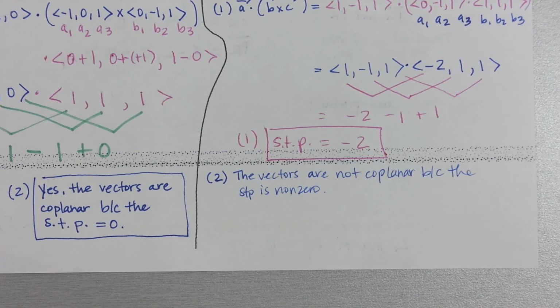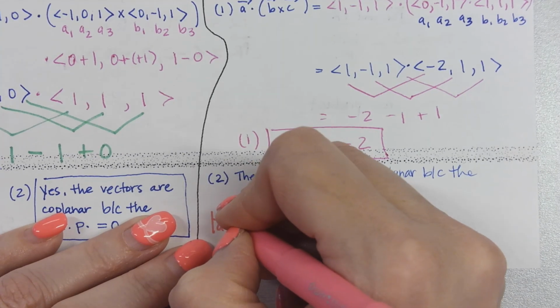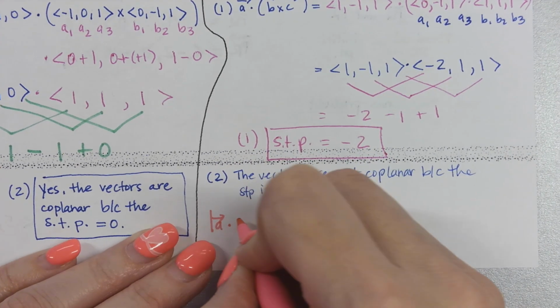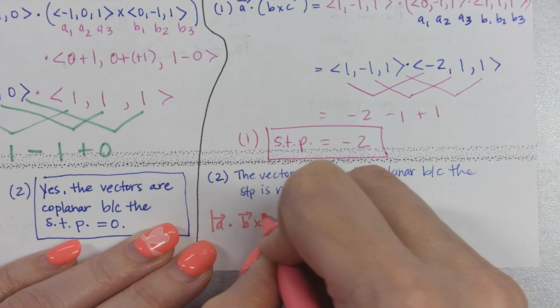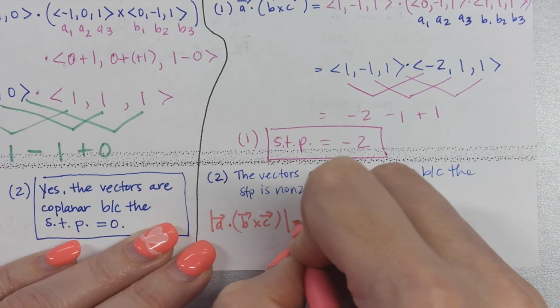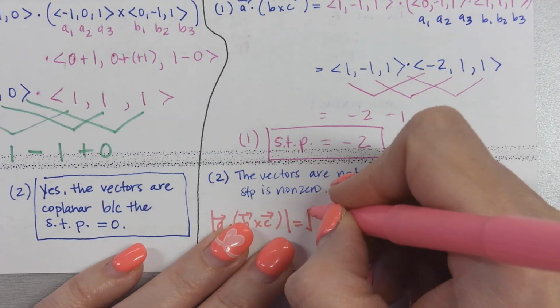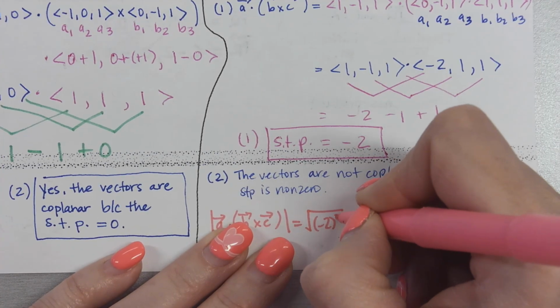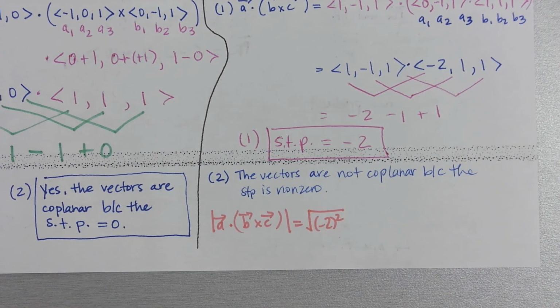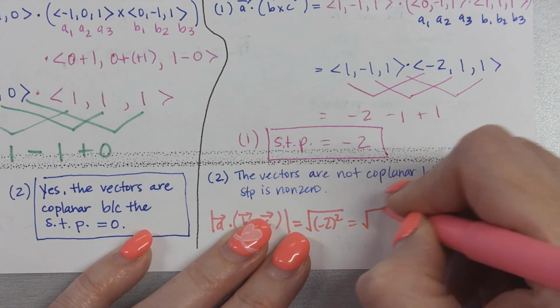So then we're going to find the magnitude. The magnitude of the STP just means you are going to plug in -2 squared and square root it. That's the only component that you have, the -2. Remember, when you square the -2, it becomes 4.